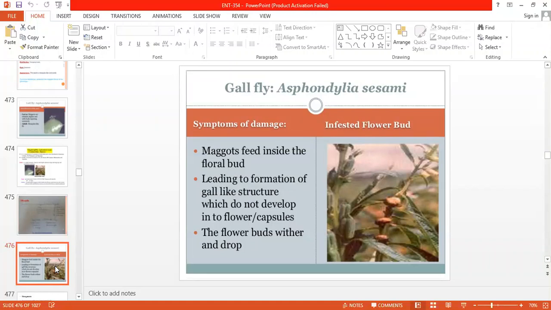Gall formation means excessive growth of an infected plant portion. Due to that type of infestation, capsules do not form in sesamum, with an adverse effect on the yield. That's why it is called the sesamum gallfly, Asphondylia sesami.